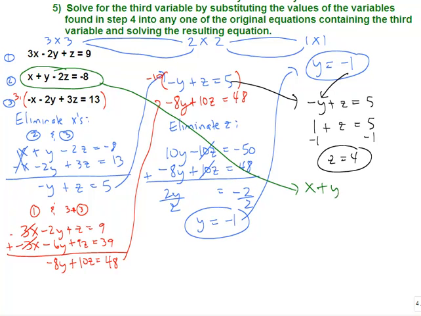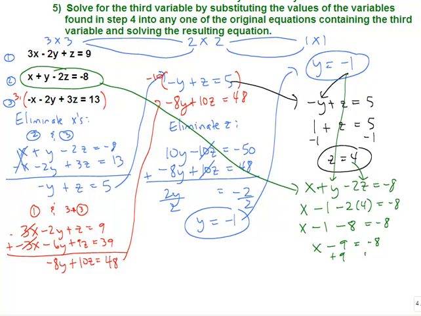x plus y minus 2z equals negative 8. And we're going to substitute in 4 for the z and negative 1 for the y. So we get x minus 1 minus 2 times 4 equals negative 8. So x minus 1 minus 8, which becomes x minus 9.